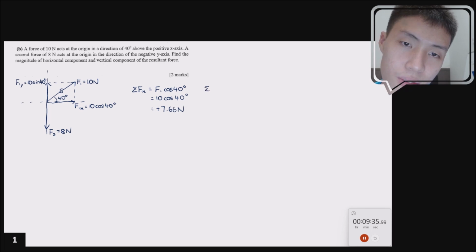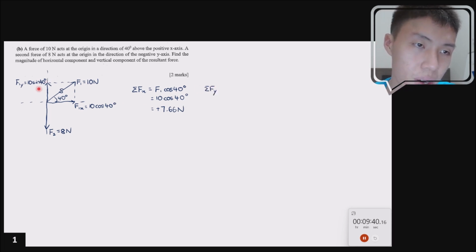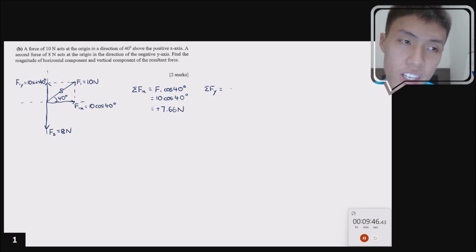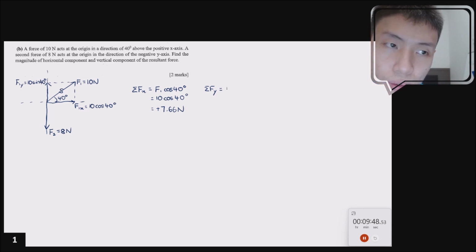Okay, sum of Fy. How many forces do you have? You have your F1 y component and also F2. You need to add both of these up, but in opposite directions. F1 sin 40 degrees is the one pointing upwards, minus F2, which is pointing downward.